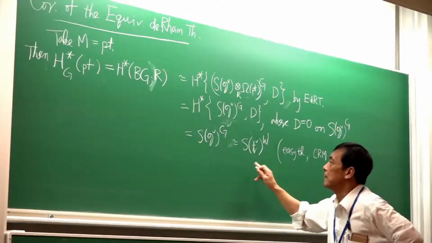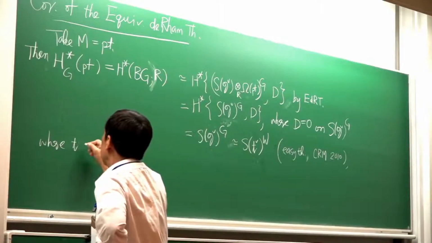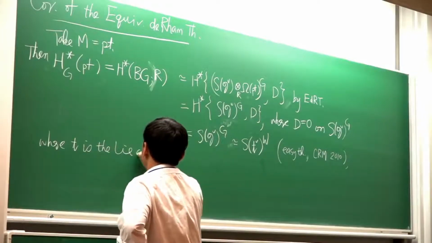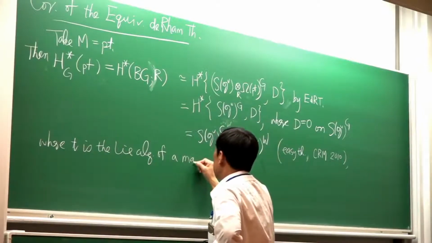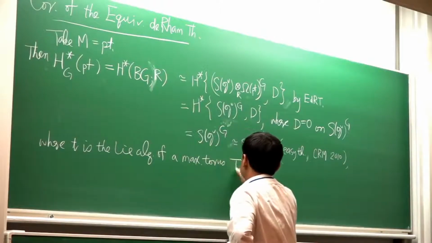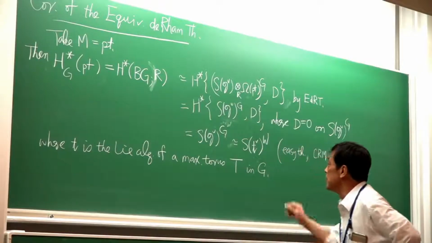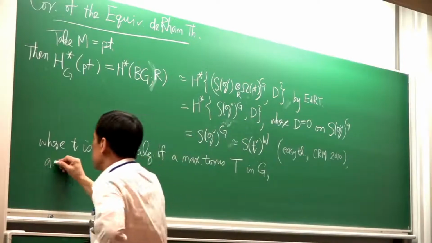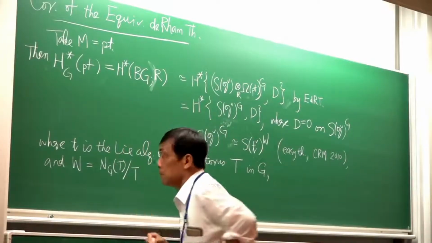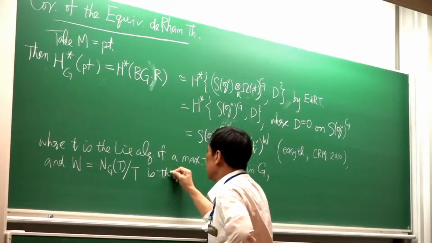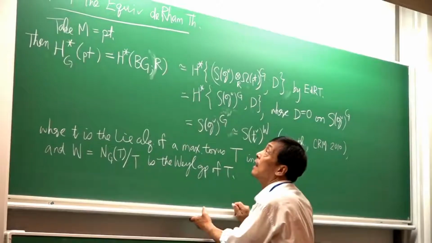Okay, so let me just say where t is the Lie algebra of a maximal torus T in the Lie group G, and W is the Weyl group, so it's the normalizer of T over T. It's the Weyl group of T. Okay?